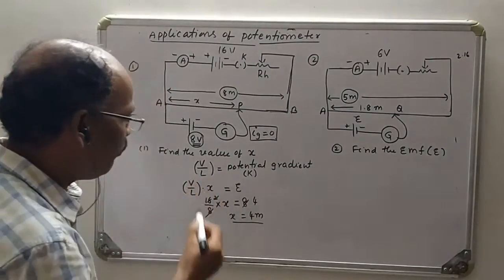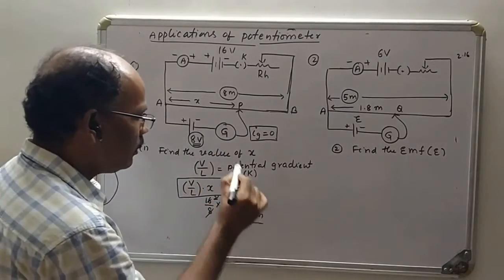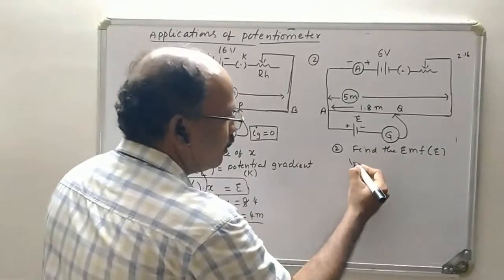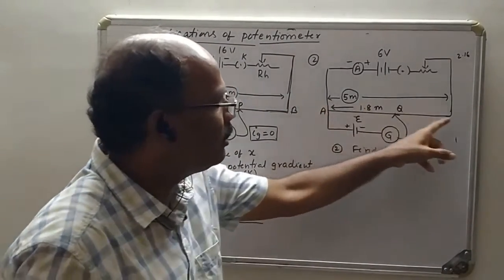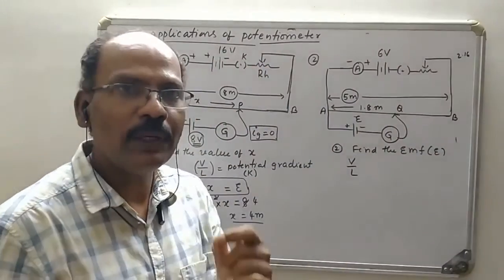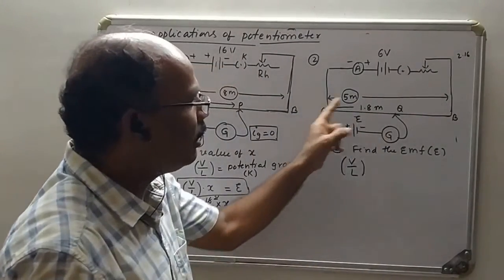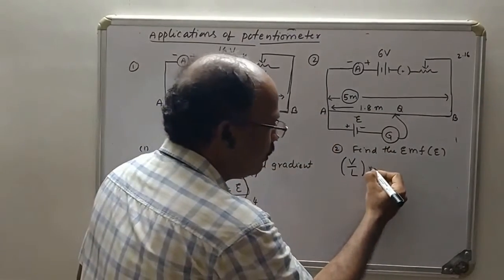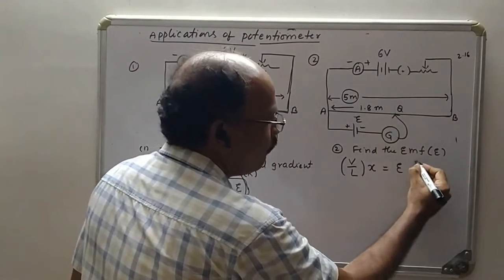Again we can use the same formula. V by L into X is equal to the EMF in the secondary cell. There we can write V by L, the primary circuit potential drop across the entire wire divided by total length, the potential drop per unit length, multiplying the balancing length, which is equal to EMF E. So we can write this as X is equal to E. What is the value of X?